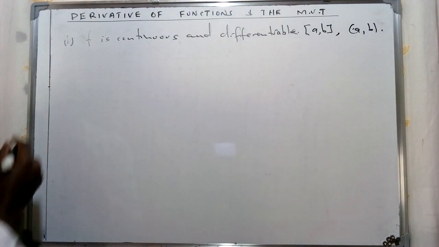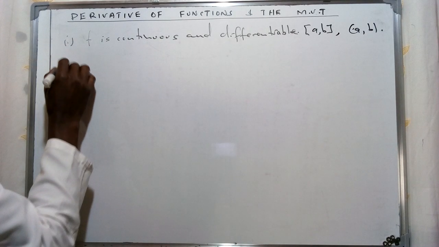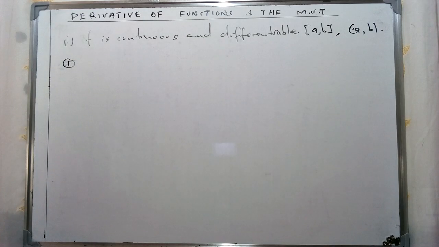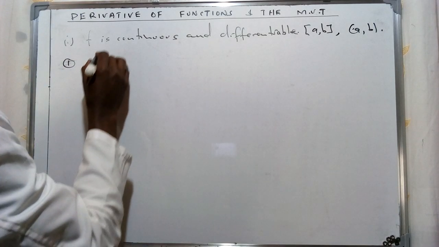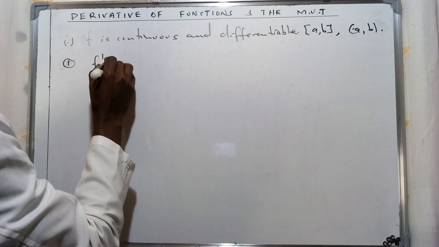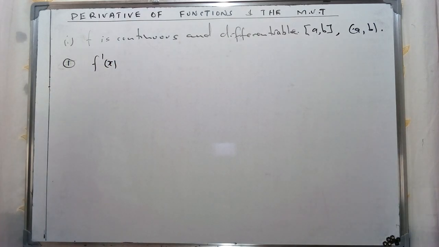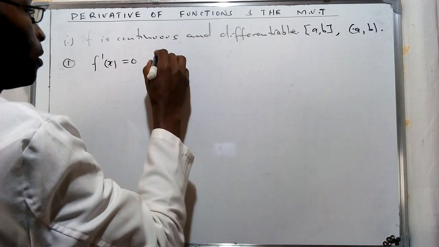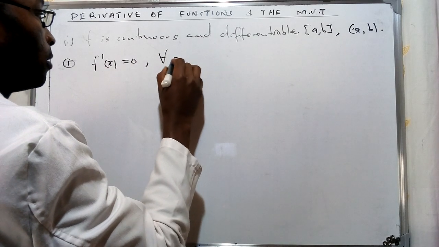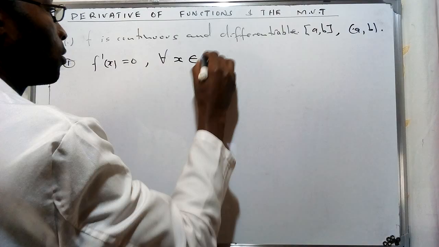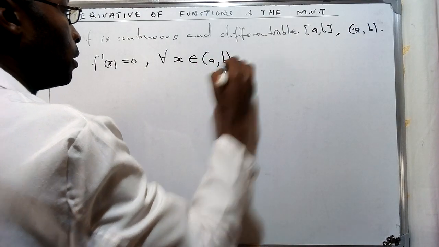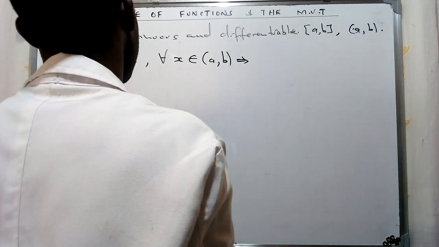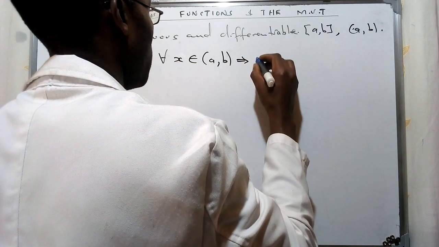So if we have a case whereby we have these specific functions, let's have this one as case one, whereby for this specific function of x, the first derivative with respect to x is equal to 0. This is going to imply that for all values of x in these intervals, given as such, this particular function basically is going to be a constant.